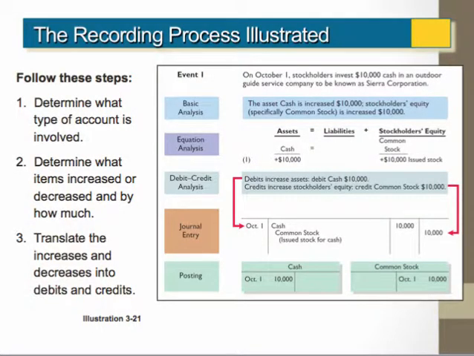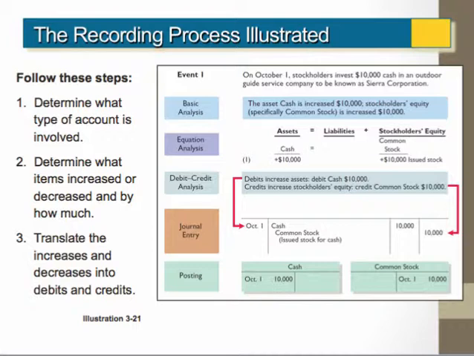This slide illustrates what we did for the first event. First, we identified that we had a transaction on October 1st for $10,000 and we made the analysis of how it affected the accounting equation. Once we've determined how it affected the accounting equation, we could determine what the debit and credit entries should be so that we could place it in the general journal.